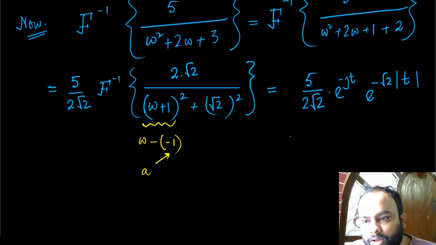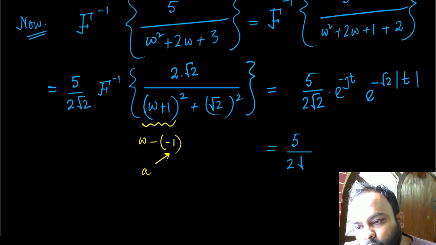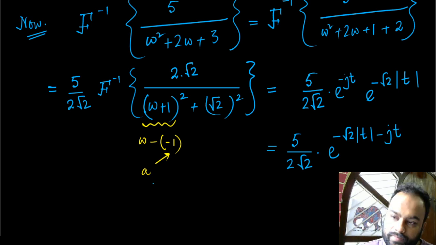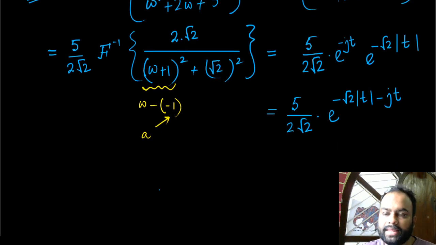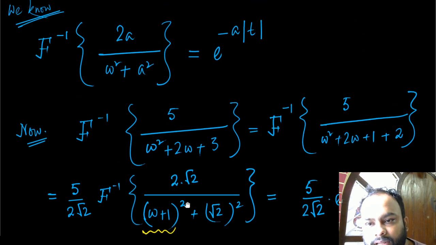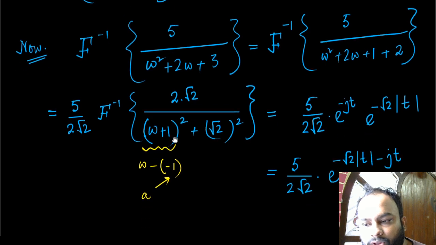With that said, we have two exponentials, 5 by 2 root 2, and I can write this as e to the power minus root 2 mod t minus jt, something like that. And for this quantity, this would be the Fourier transform.